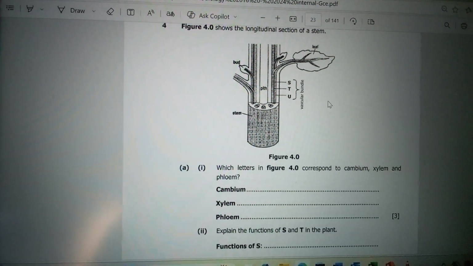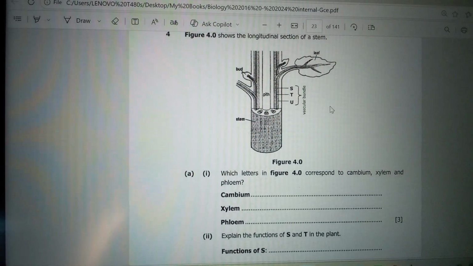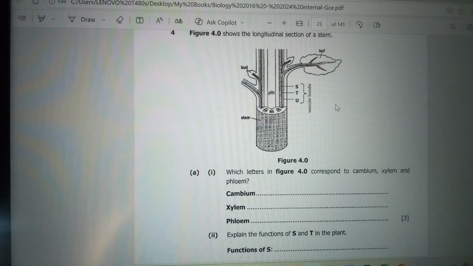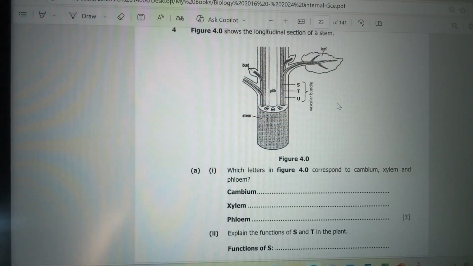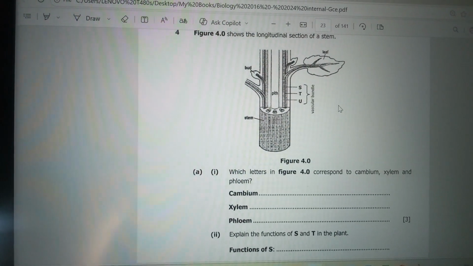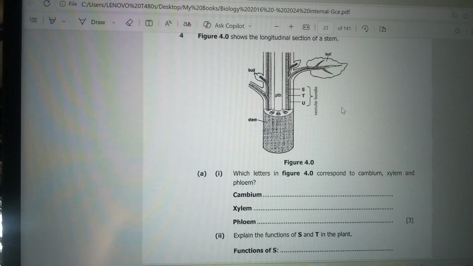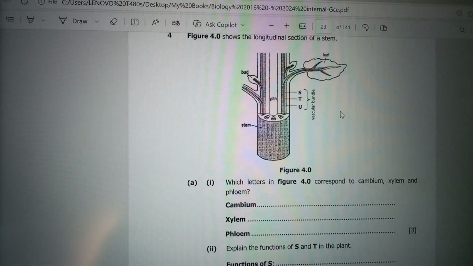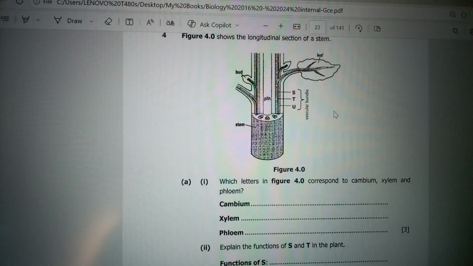And then the collection of the xylem, cambium, and the phloem is what we call the vascular bundle. Vascular bundle or tissues are just tissues that are responsible for transportation of substances around the plant.